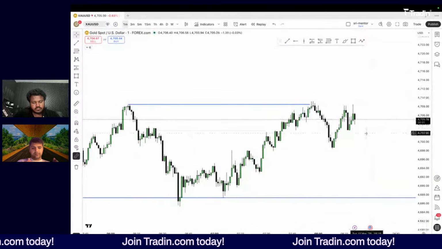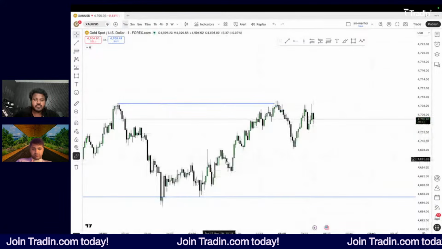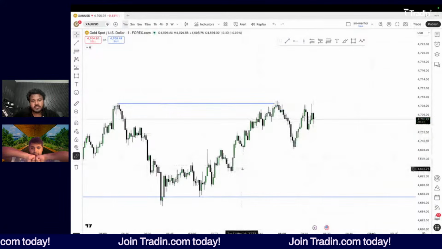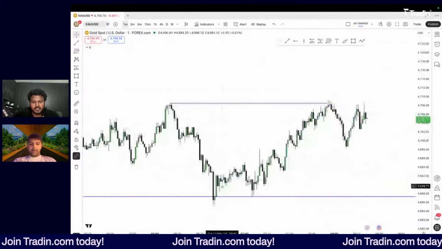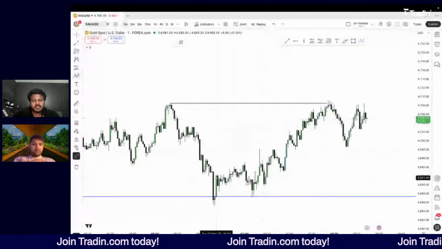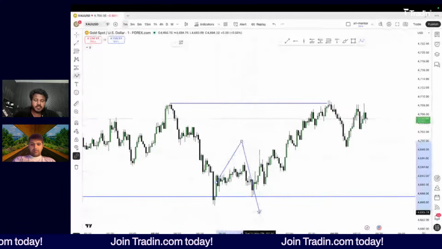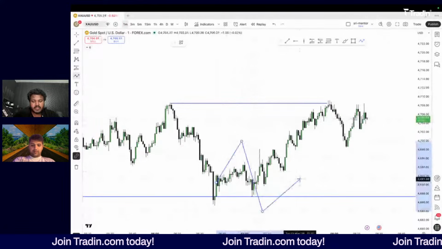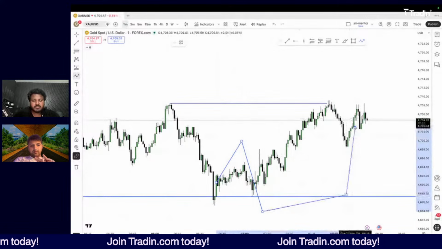I'll try to catch the moves on the lower end, but with proper confirmation. I'm not a big fan of sharp reversal sniper entries. Most of the time with sniper entries, the price reverses to a certain point, then consolidates or manipulates again, and after 1 or 1.5 hours, the market will try to push on the high side.